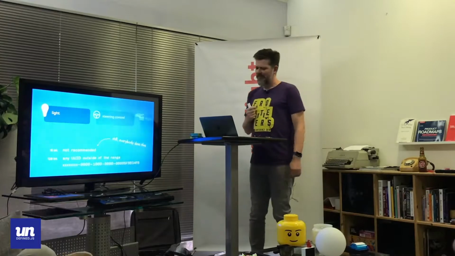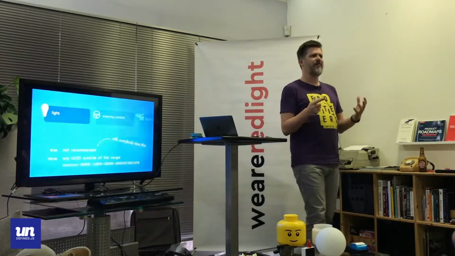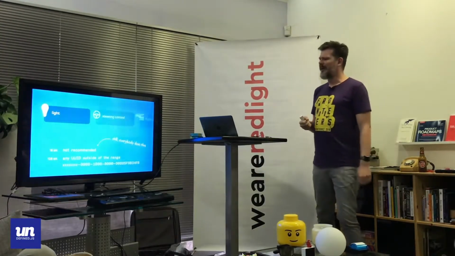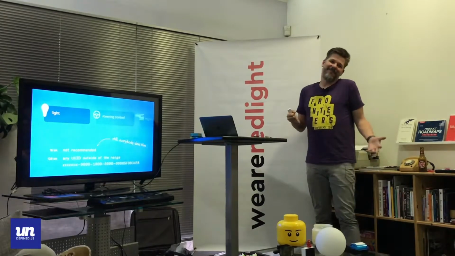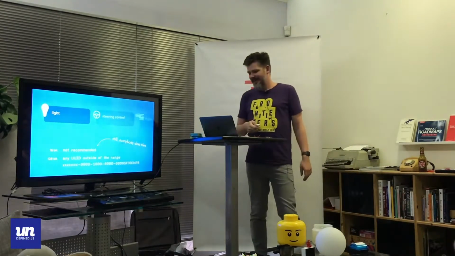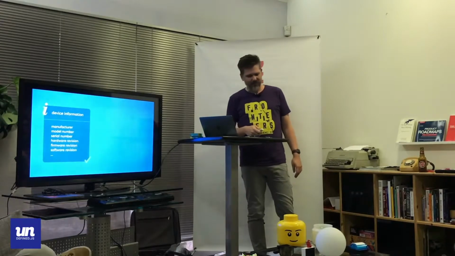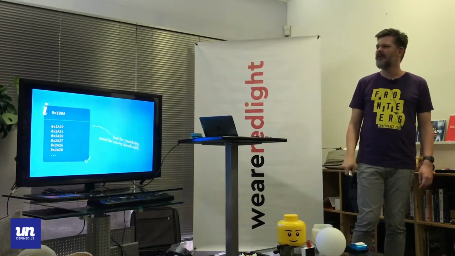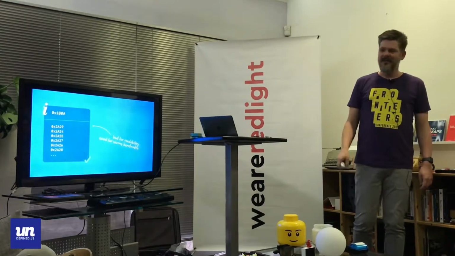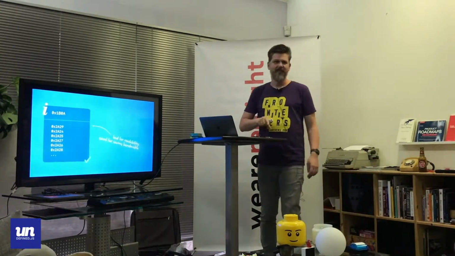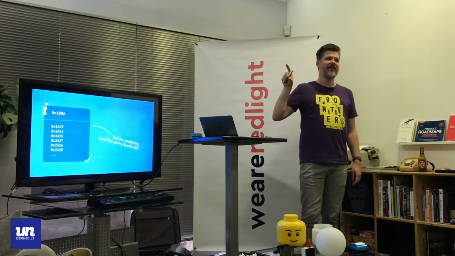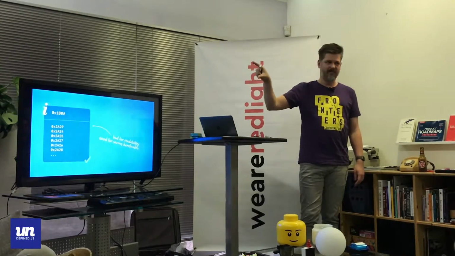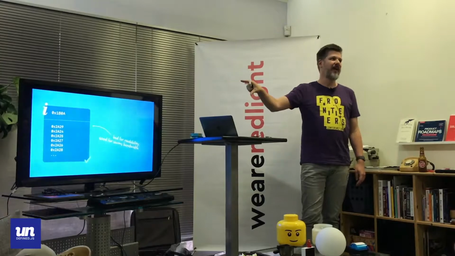So if you start playing with this, expect ID conflicts. So instead of looking like this, device information, manufacturer, model number, it looks like this. This is what you're going to see, and you have to make the translation to what these IDs actually mean.